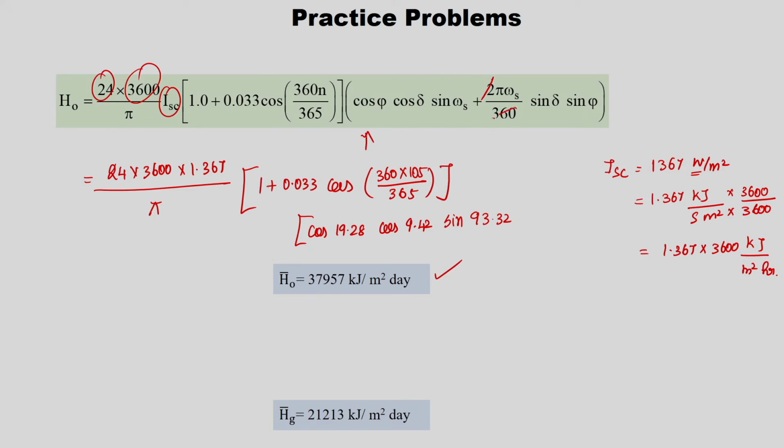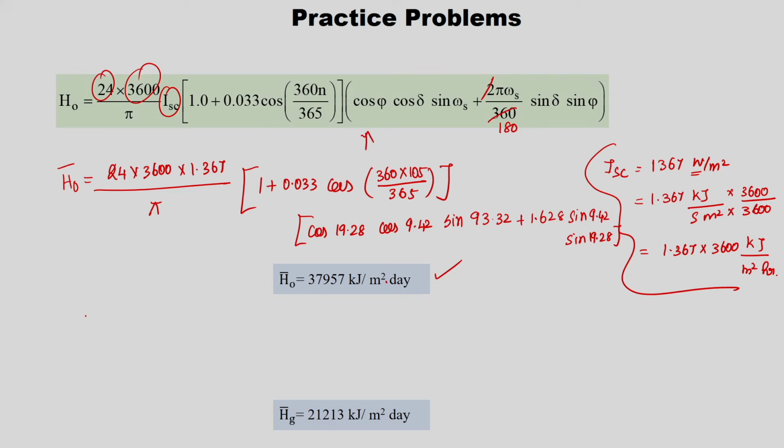Here you also see 2 pi upon 360, that is pi by 180 into omega s, which we already have, nothing but 1.628 radians, sin 9.42, sin 19.28. If you calculate, this is H naught. Since we are calculating on April 15th, that is also equivalent to H naught bar, 37957 kilojoules per meter square per day.